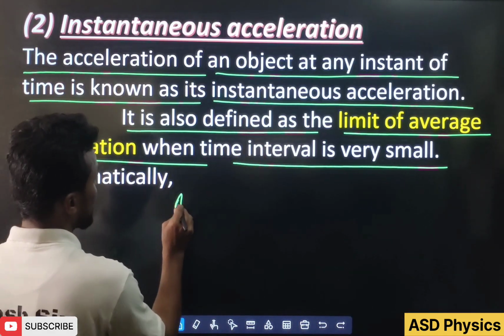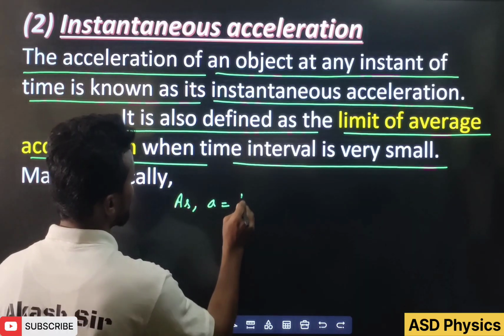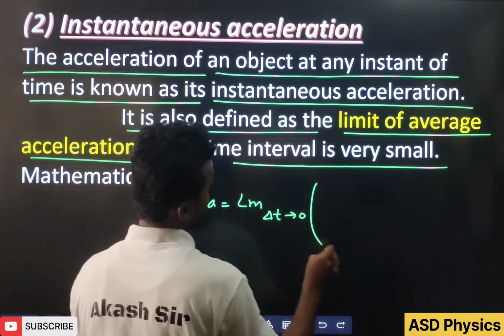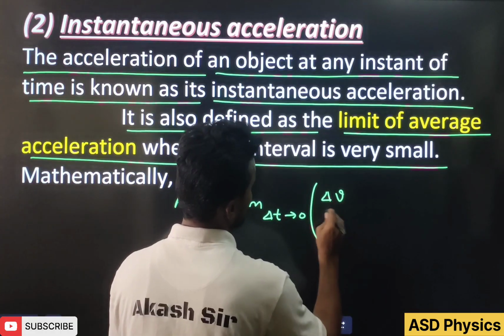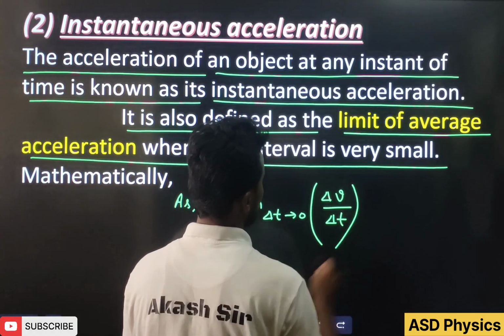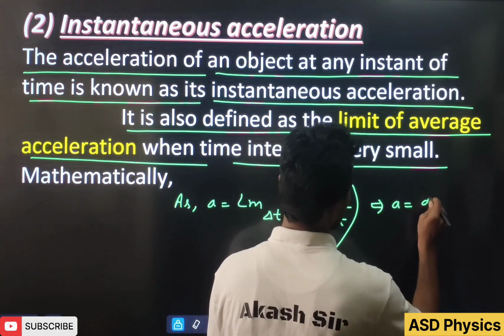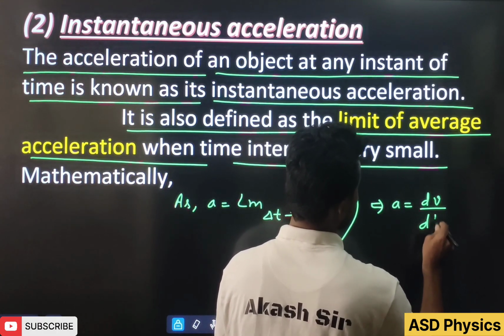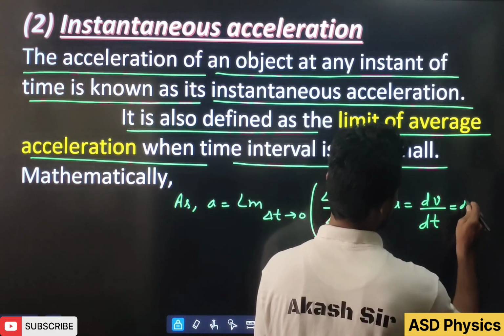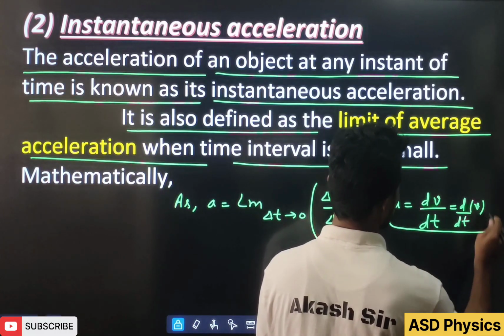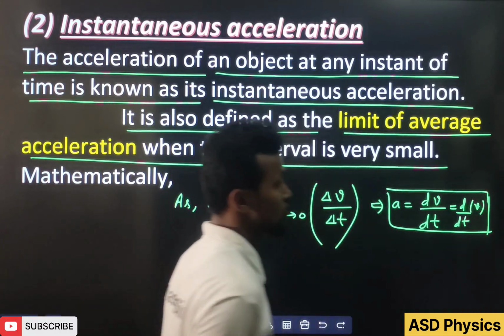So I can write a equals limit delta t tends to 0 of delta v by delta t. When you simplify this, it becomes a equals dv by dt, or you can write d by dt of v when you are going to solve questions.